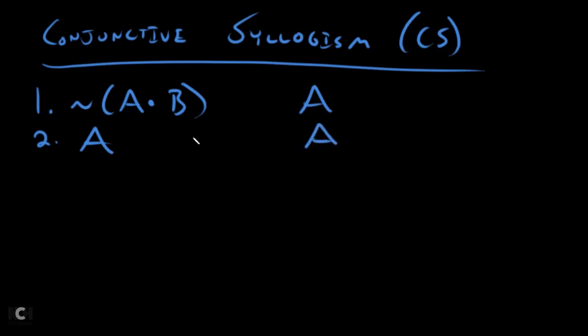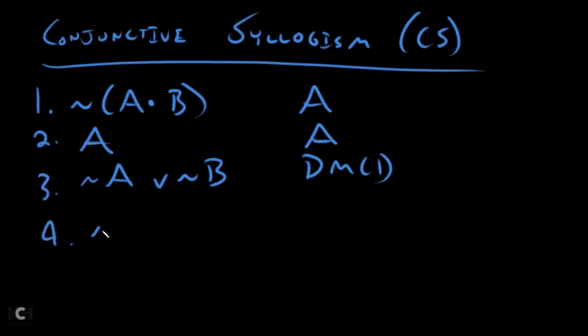Well, we could do a De Morgan's law here, and we would get squiggle A wedge squiggle B, De Morgan's law on line 1. And now through disjunctive syllogism, you can either not have A or you don't have B. We know A is true, so we know that squiggle B is the case. That would be disjunctive syllogism 3 and 2.